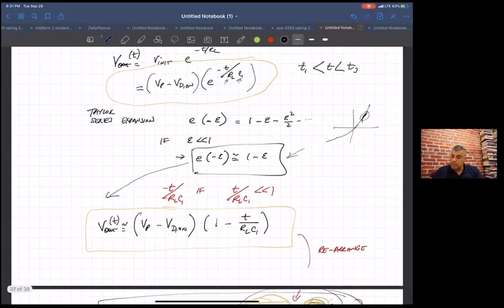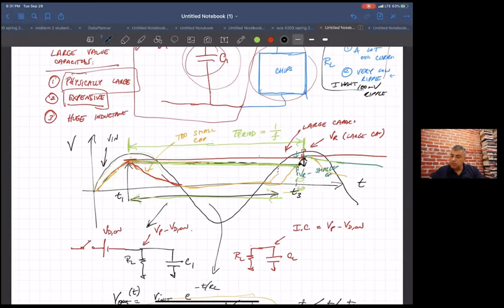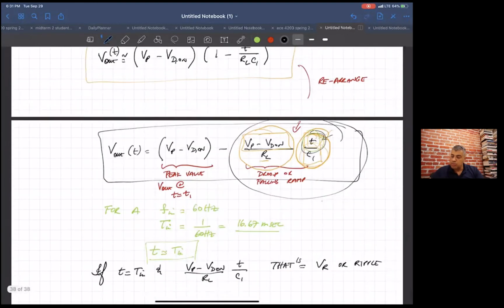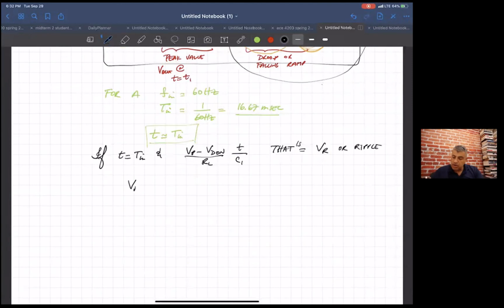To find the maximum place where you droop the most, you go a full period of your input away, which is this distance, and you see just how much the droop part of it is. So this VR ends up being Vp minus V_D on over R_L C1 fn. Sorry, I jumped a step here.